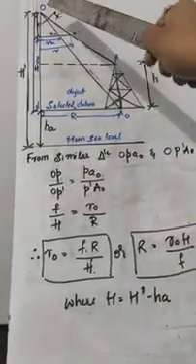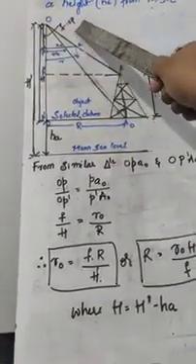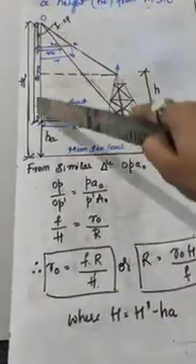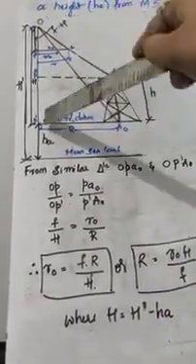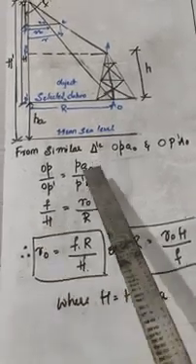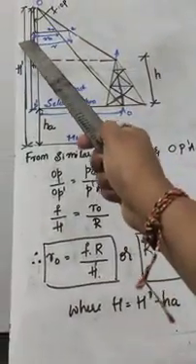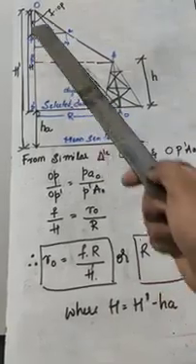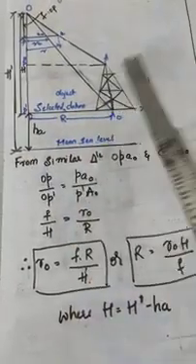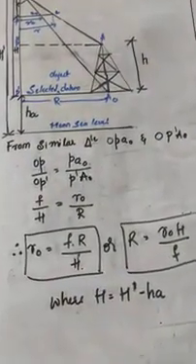We are substituting this OP distance, which is nothing but the focal length, F, and OP dash, that is O to P dash, its height, is given as capital H. And PA0, the distance from P to A0, is r0, and P dash A0 is given as R.